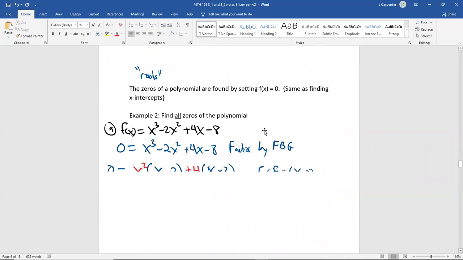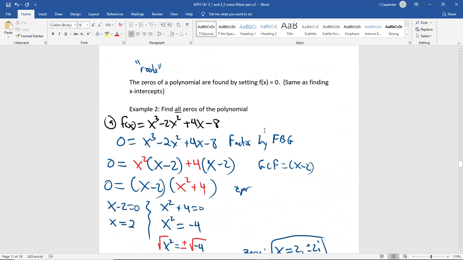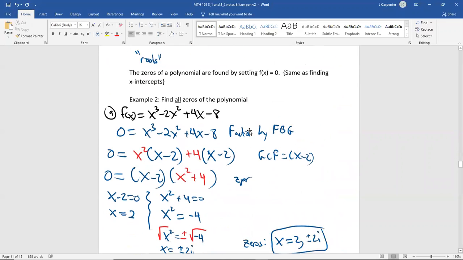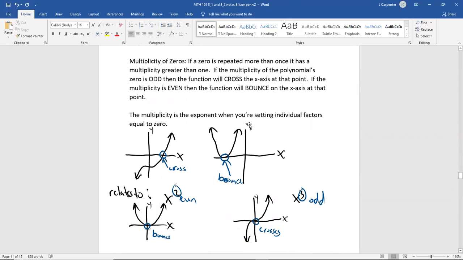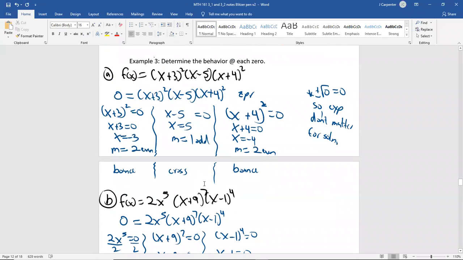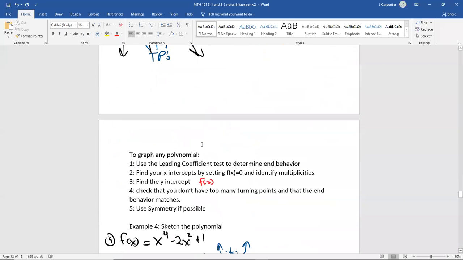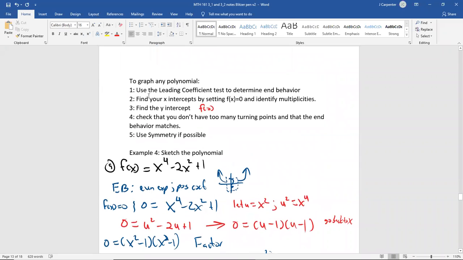Then we talked about the behavior at a 0 or at an x-intercept, and how the multiplicity being even or odd, in other words, the exponent of the 0, tells you whether you bounce or cross on the axis at that point. Some examples of bouncing and crossing here, and how they relate to x squared and x cubed.